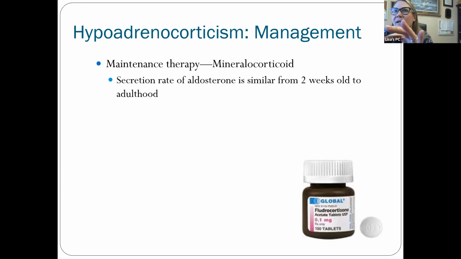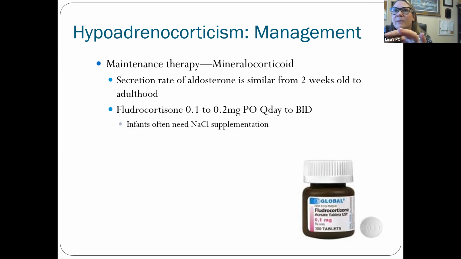Sometimes we have to change it, but it doesn't need to be adjusted as regularly as hydrocortisone does, which we see these kids with adrenal insufficiency probably every 3 to 4 months, just so we can adjust hydrocortisone to allow for normal growth and prevent adrenal crises as they get older. There's the dosing of fludrocortisone, not that you need to remember it. You can look that up if you ever needed it.